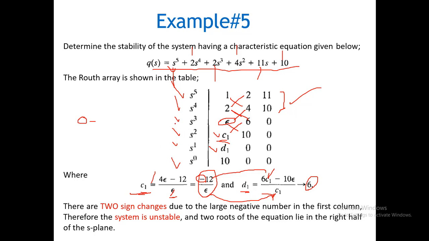One is from epsilon to c1, which changes into minus, and then again this minus c1 changes into a plus sign in the next step, that is d1. So there are two sign changes, which means the system has two roots in the right half plane, so the system is said to be unstable.